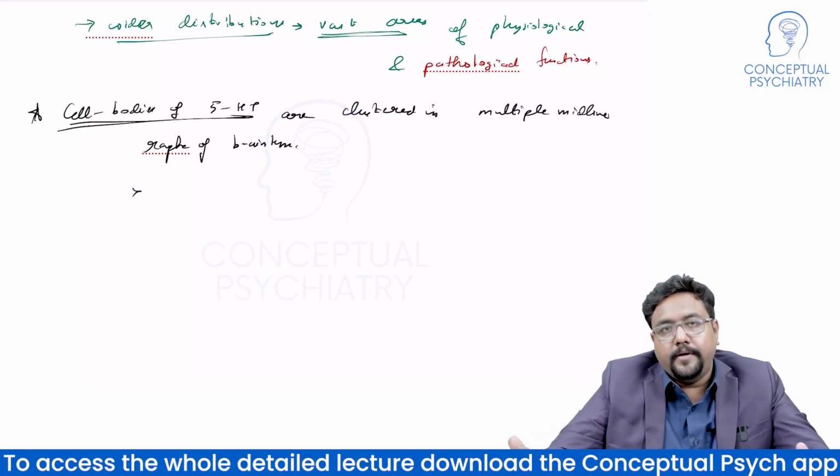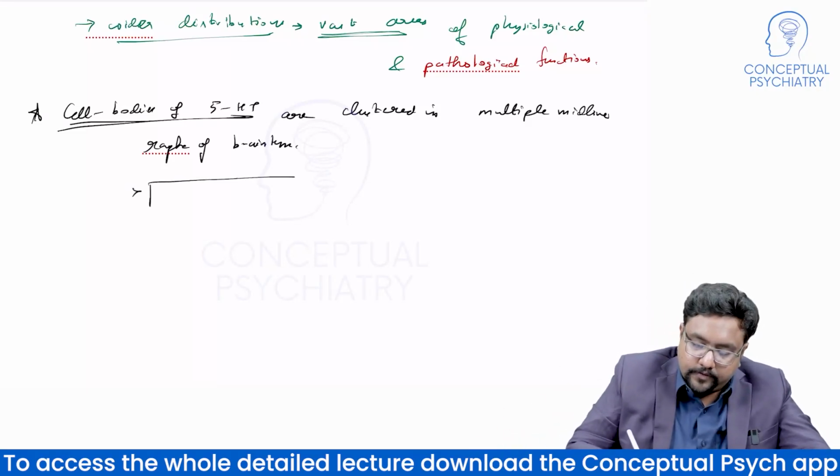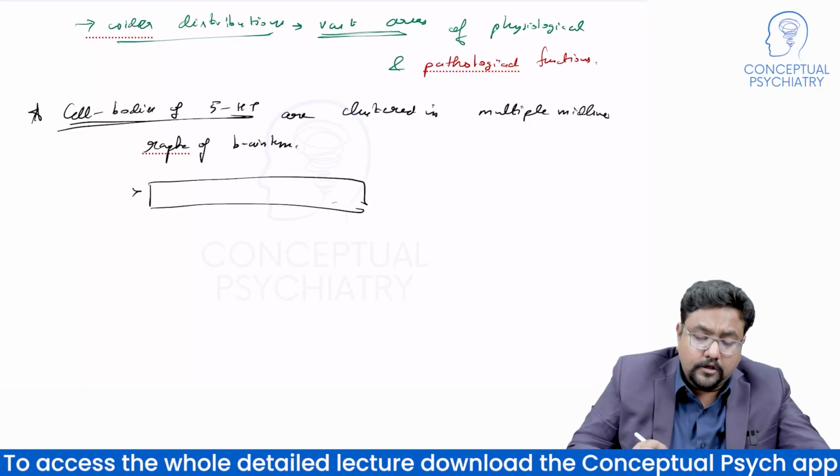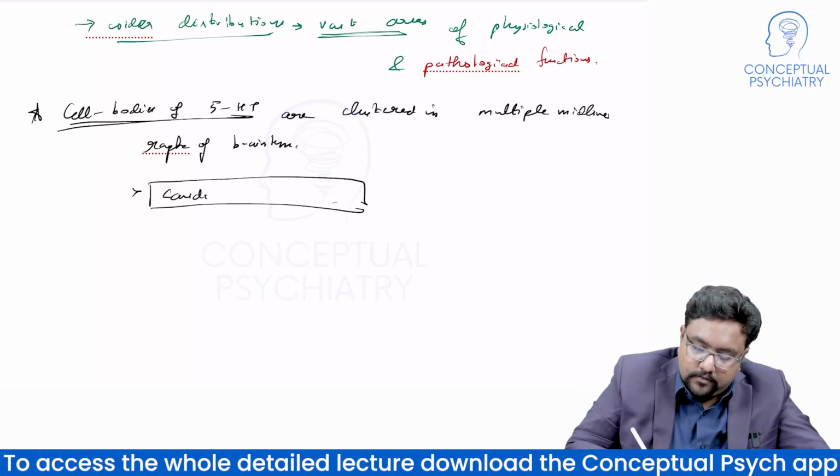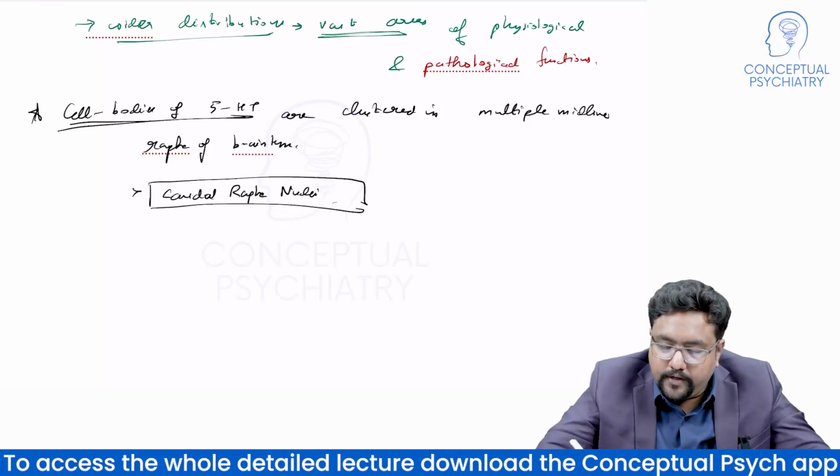So what are the multiple areas where it is present? The first one is the caudal raphe nuclei. So what does the caudal raphe nuclei do?